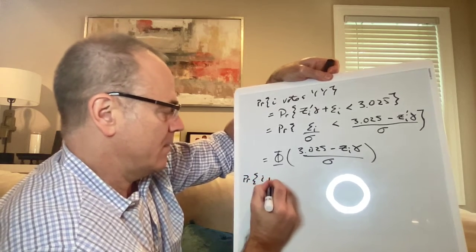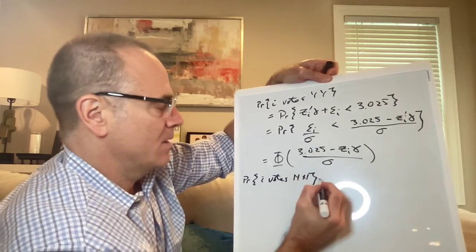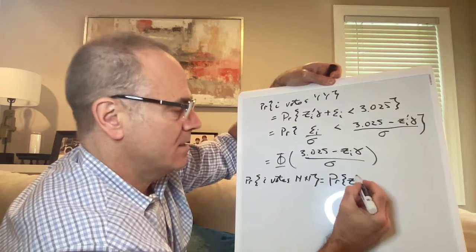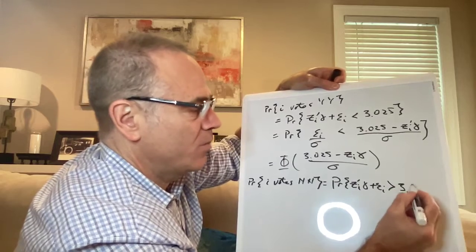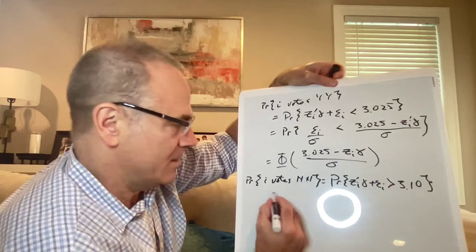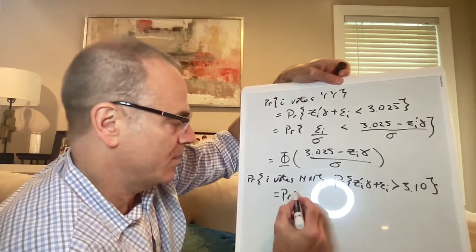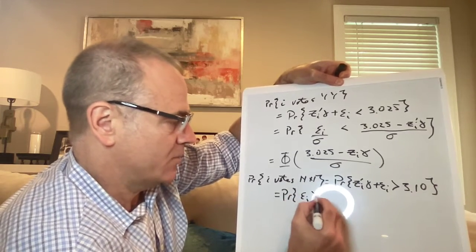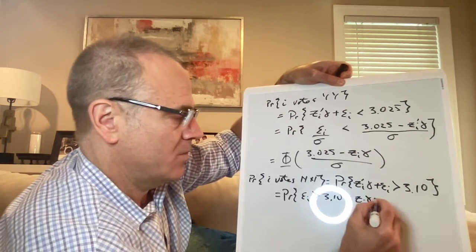Probability I votes nay nay equals the probability zi gamma plus epsilon I is greater than 3.10. That equals the probability epsilon I is greater than 3.10 minus zi gamma.